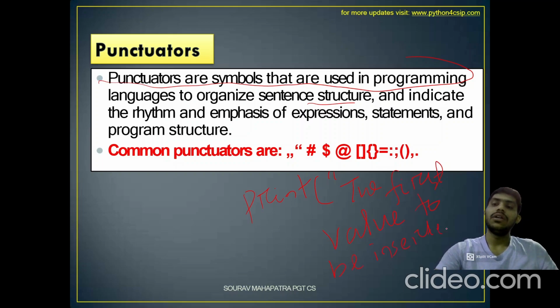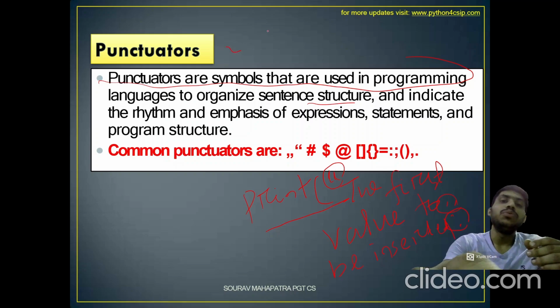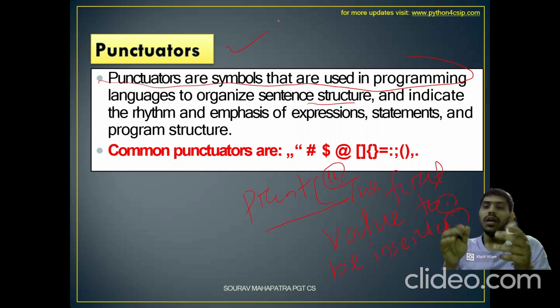Here you add a bracket, here some double quotes, here a colon. So in whichever way you write this statement, in the same way it will be shown in your console. That is the use of punctuators: at the rate symbol, any bracket, colon, semicolon, double quotes, dollar, whatever you are using.